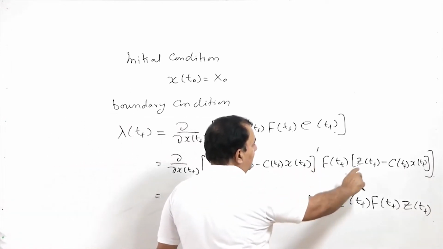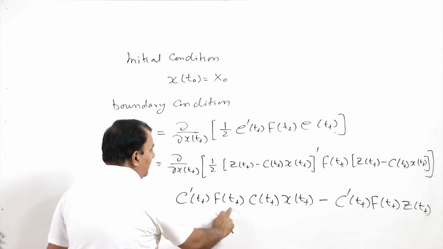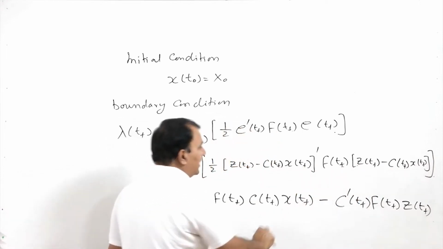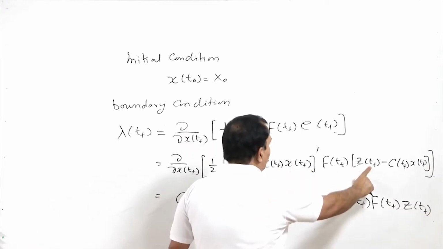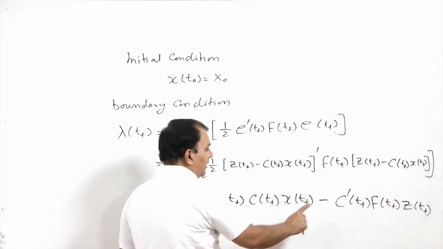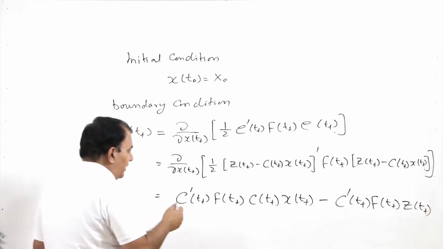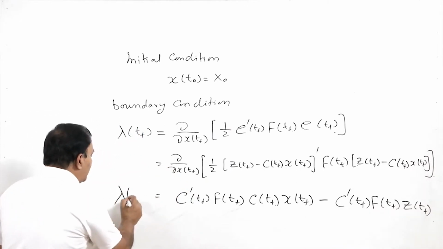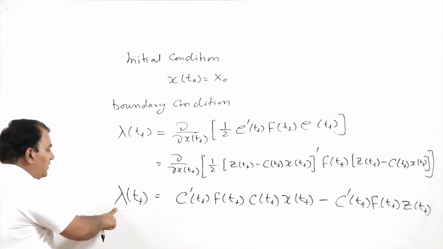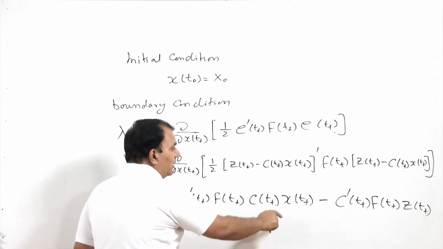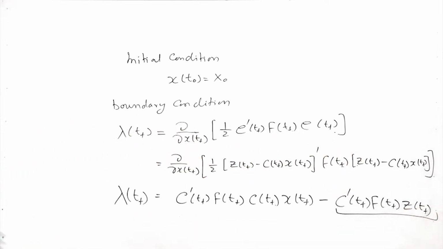C prime F C is the square of x, this is giving me the x T F, and once I expand the term with Cx with Z of T F, I will get C prime T F F of T F Z of T F. So, now if you see, this is giving me nothing but the relation between the co-state vector, which is the lambda, and x, but the additional term appearing here is C prime F of Z.